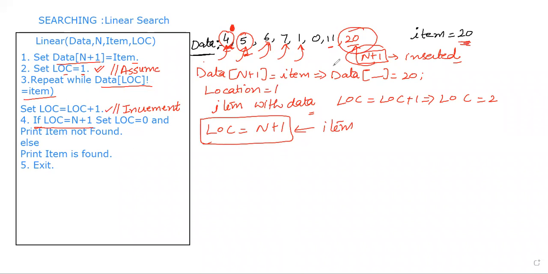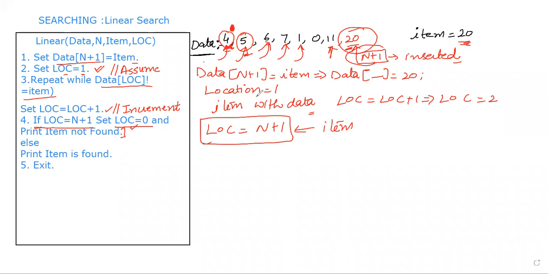So if I reach the end of my array and the place where my item is found is the n plus first location, it means the item was initially not there in the given array, but was inserted by the programmer. So you have to set the location equal to 0, and along with that you can put a comment that the item is not found.